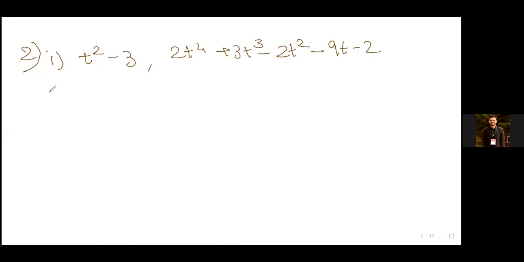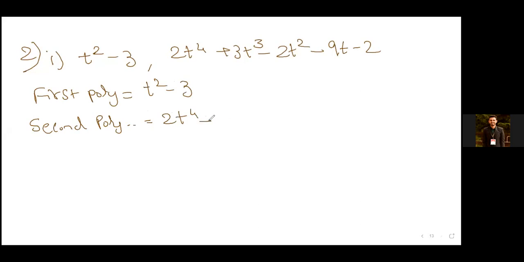Here the first polynomial is t square minus 3 and the second polynomial is 2t to the power 4 plus 3t cube minus 2t square minus 9t minus 2. We'll do the division process.